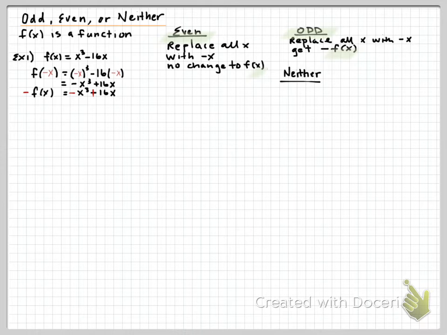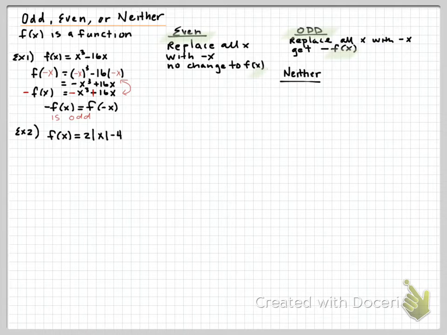So I know that f of negative x is going to be the same as the opposite of f of x. And that's really how I know this function is going to turn out to be an odd function. So if I replace all the x's with negative x, and I get the opposite of the original function, I know that I have an odd function.